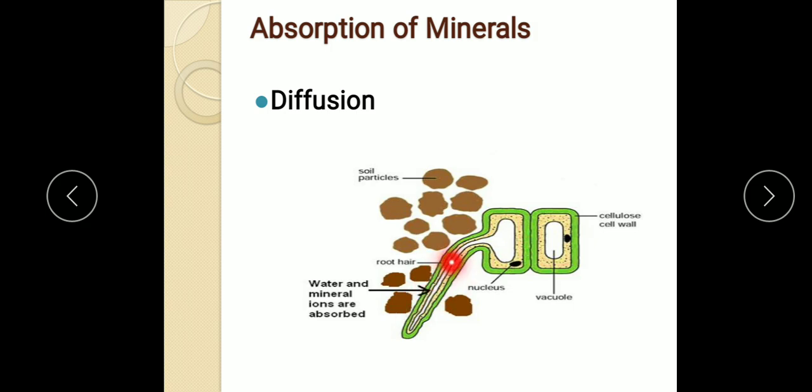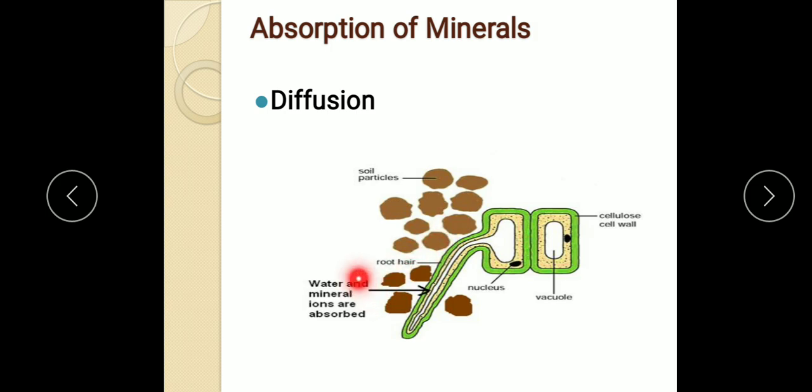Understood? The difference between osmosis and diffusion is very important, which is given in table 1.2 in your book, so mark it and learn it well. In osmosis, which molecules are transported? Water molecules. In diffusion, which molecules move here? These are the salt or mineral molecules.